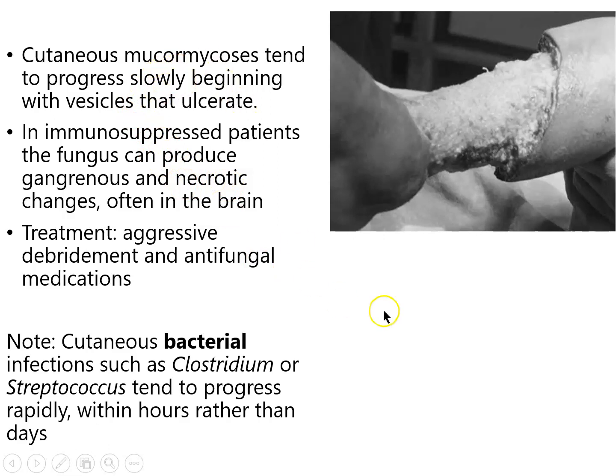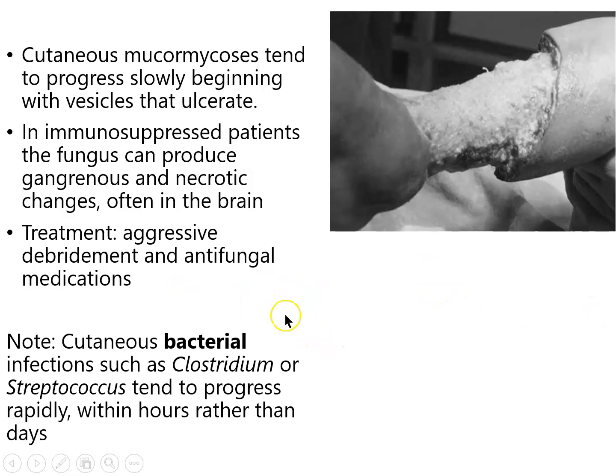But it begins with some kind of a skin infection that will spread, and this would be necrotic changes like gangrenous changes where the tissue just starts to die because it's being attacked and its blood supply is disrupted.